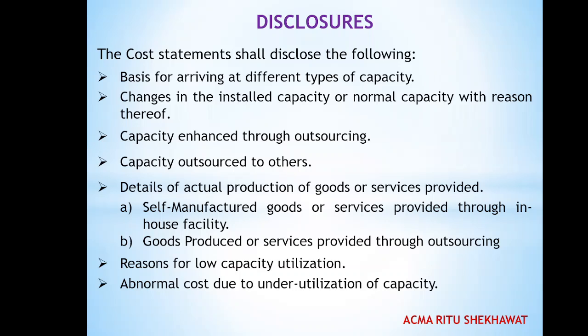If there is manufacturing in your own premises, own factory, it needs to be disclosed. Plus, if goods have been produced on your behalf by another manufacturer under loan license, then it should also be disclosed separately.